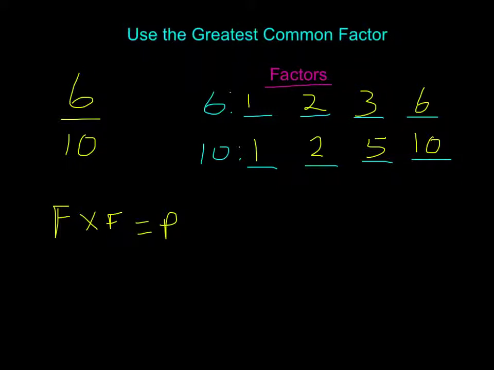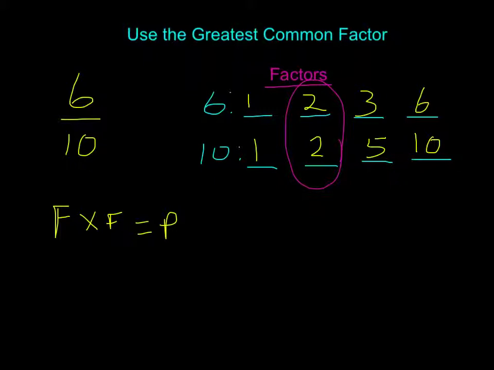Now what this does for us is give us our greatest common factor. We've listed our factors. Our greatest common factor here is this 2 and this 2. So because we have our 2's there, I'm going to circle those. We are going to divide by 2.